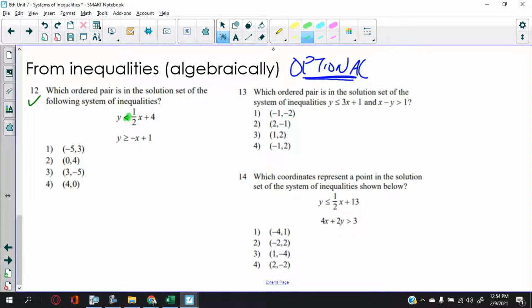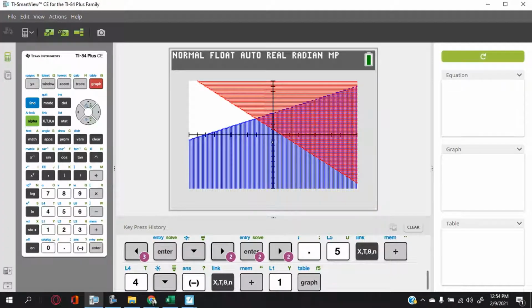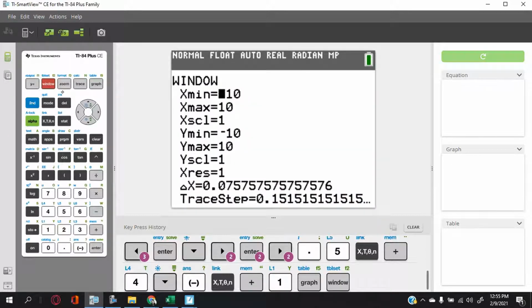Now, what was I talking about? Oh yeah, let's check these answers out. Negative 5, 3, 1, 2... let me look at the window. There's no way the window changed, right? Oh, you know what I could do? I could trace. I should have told you guys this before.